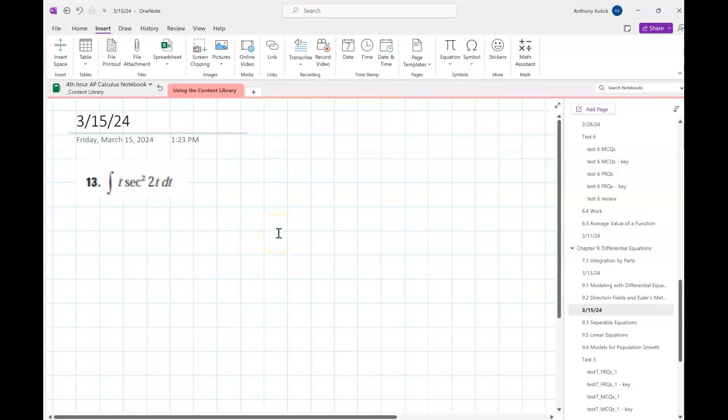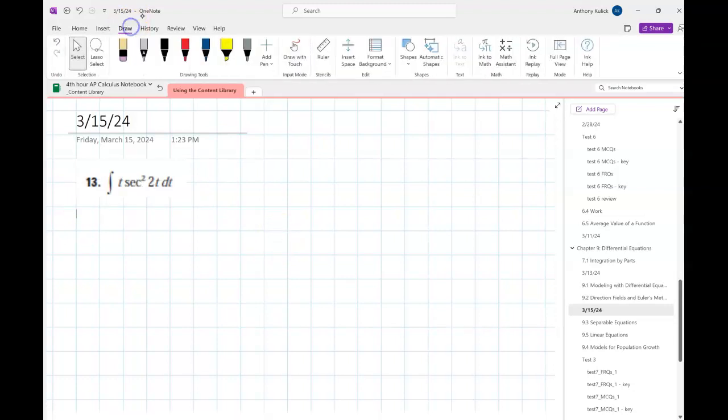All right, integration by parts should be pretty clear here, right? The product of two things. And if you tried to do a u sub, it's not going to work. So what do you want to pick for u and what do we want to pick for dv? u should be t, dv should be secant squared 2t dt.